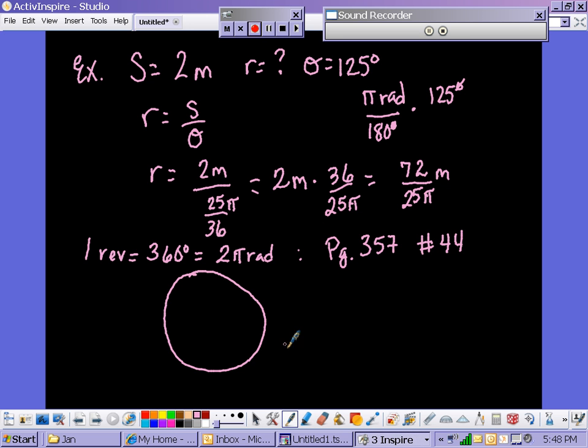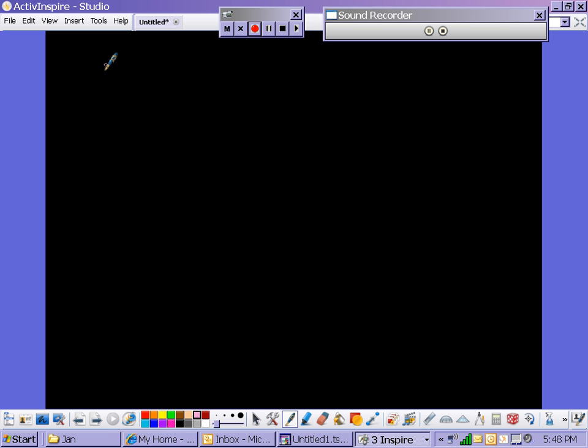So we have a lot of conversions to do there, because they gave us 800 revolutions per minute, and they want us to convert that to miles per hour.